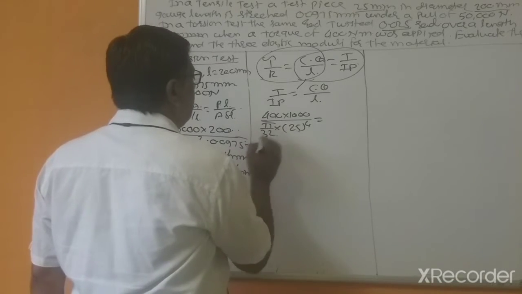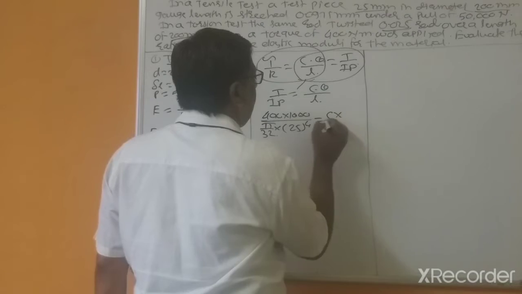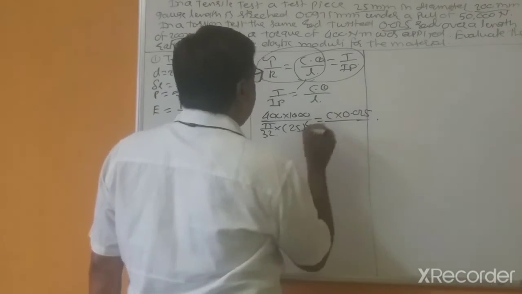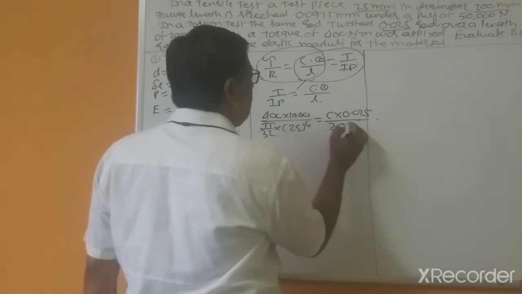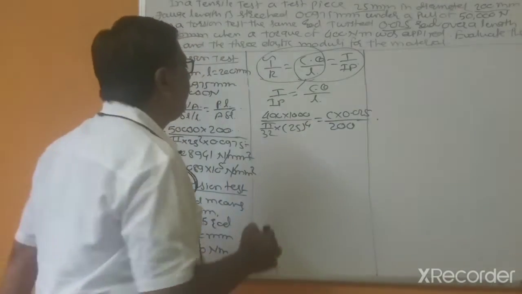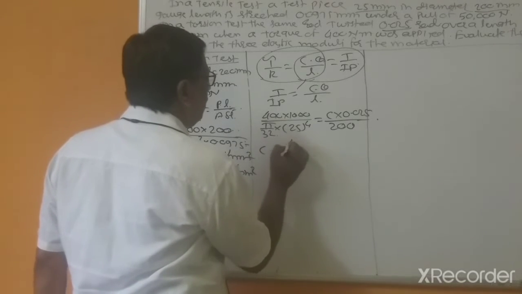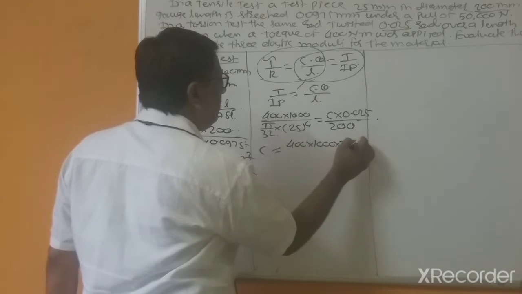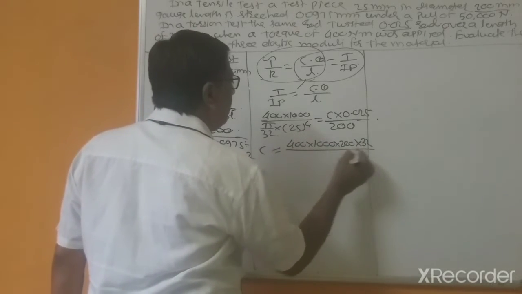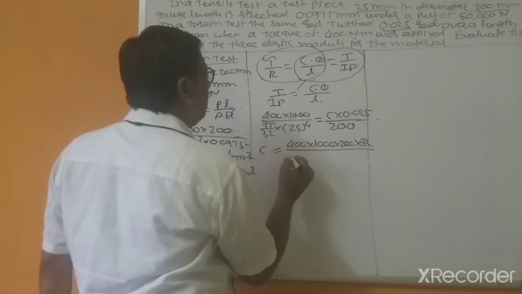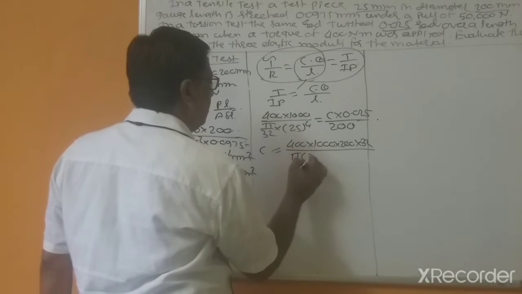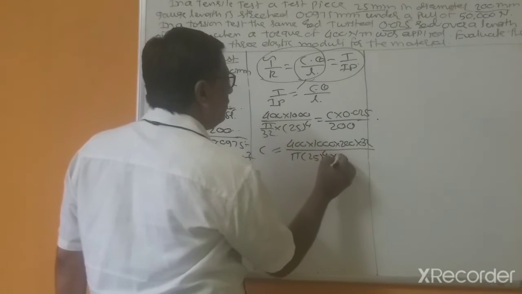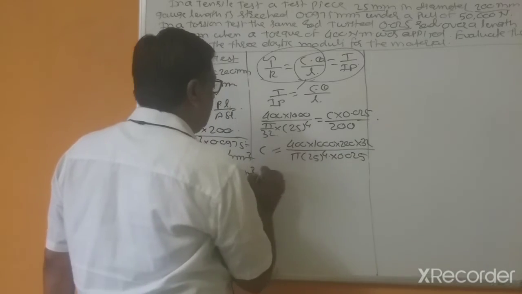So this is pi by 32, C, this is angle of twist 0.025 and length equal to 200, right? So C equal to 400 multiplied by 1000 into 200 multiplied by 32 divided by pi, 25 raised to 4 and 0.25.